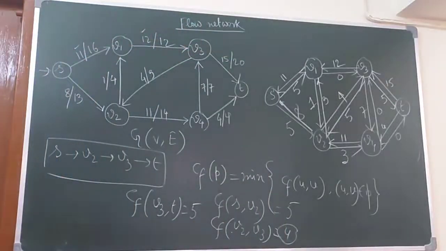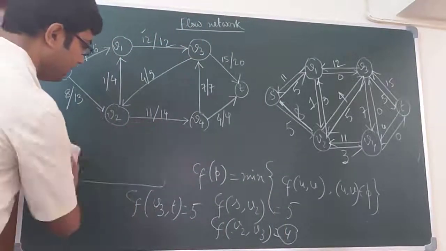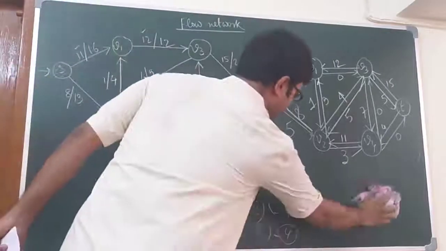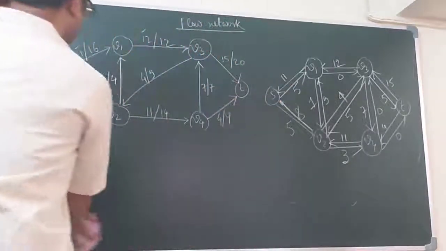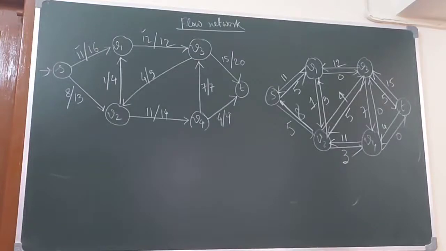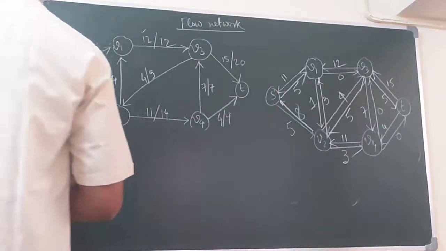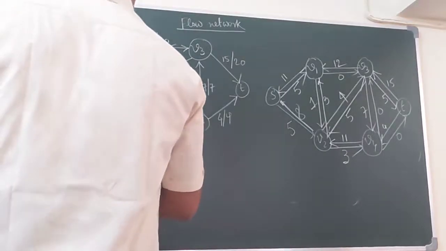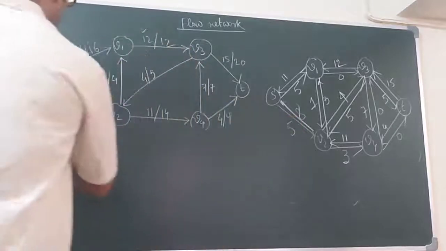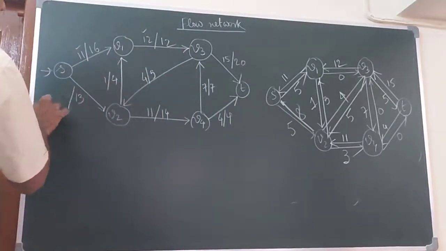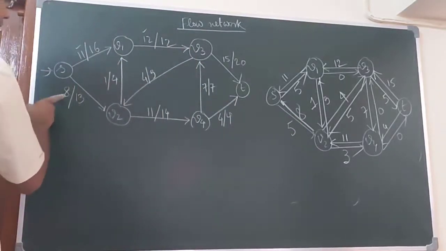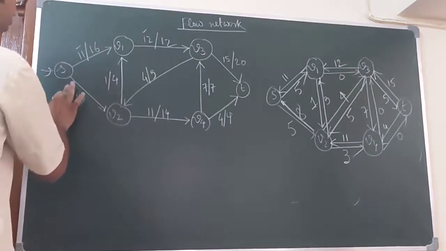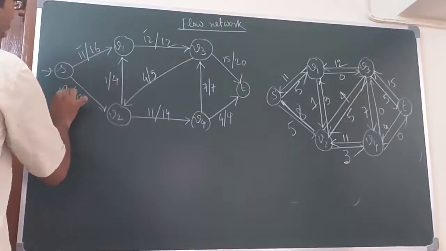So the new network will look like this. Here the amount is increased. It is 8, and this 8 is increased by 4, so the flow will be 12.